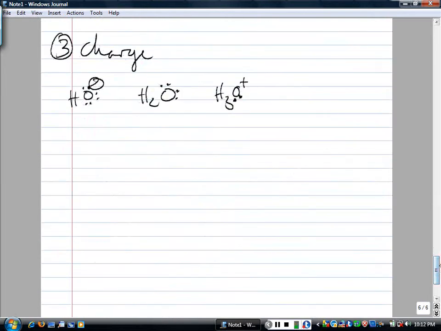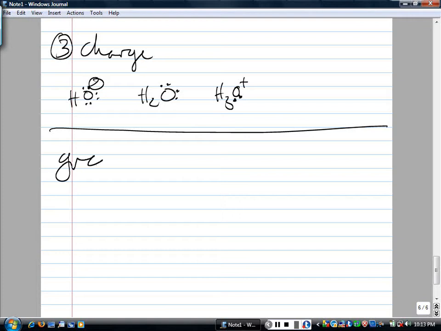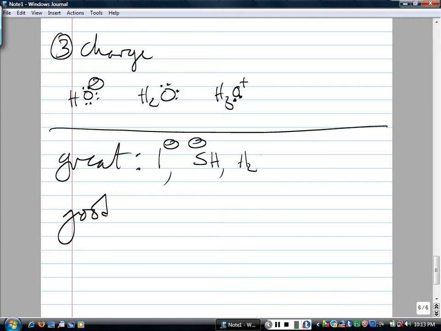So with that in mind, I can go ahead and say, well, what makes great nucleophiles? What makes good nucleophiles? Well, great nucleophiles include things like iodide. Let's see. So iodide, anything with sulfur, so thiolates or even H2S, these are great nucleophiles.